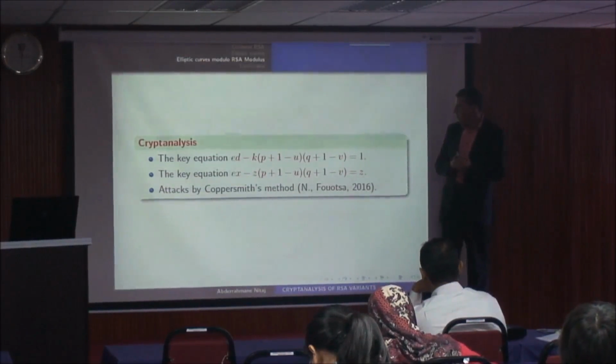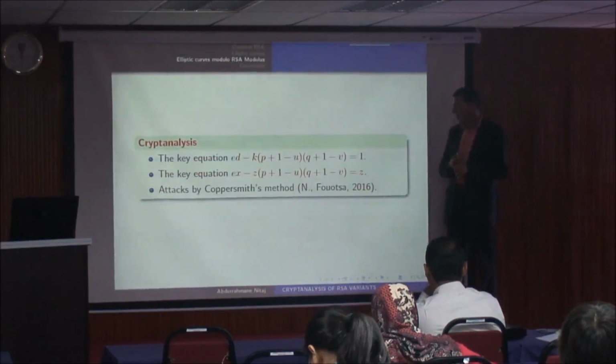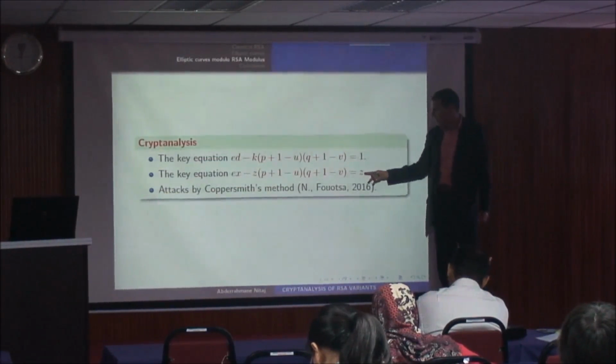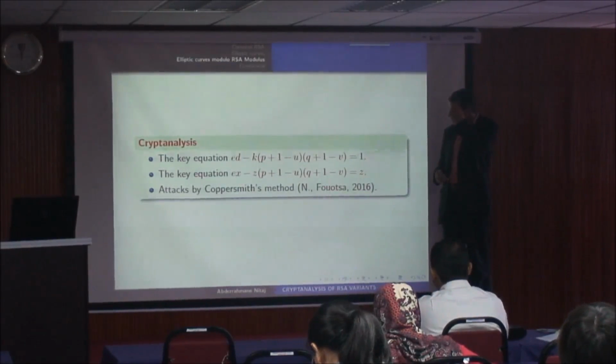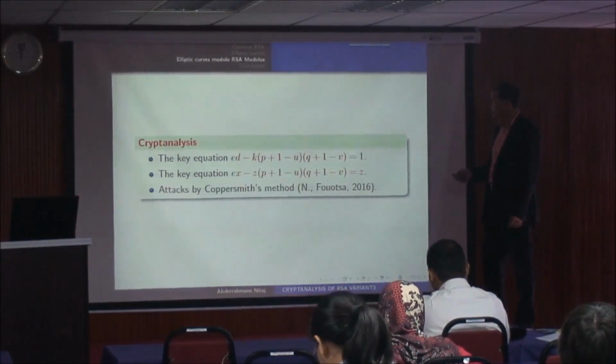We can use similar techniques to find solutions of this equation, or we can get a general equation like this with many parameters, and we can use the Coppersmith method or the continued fraction algorithm to solve such equations.